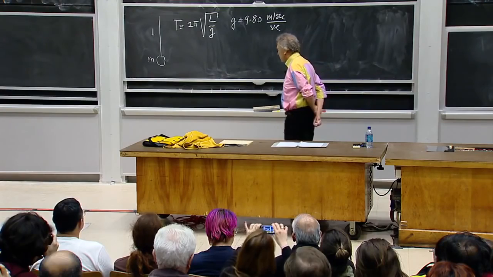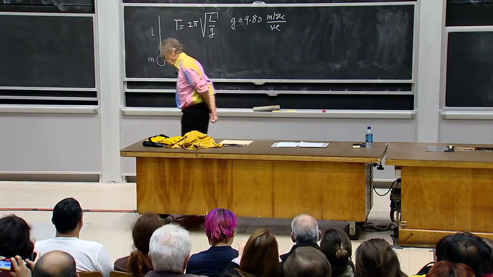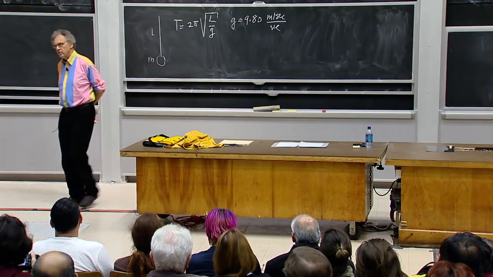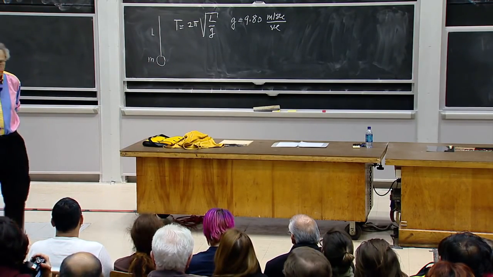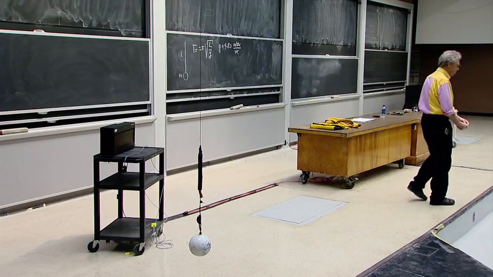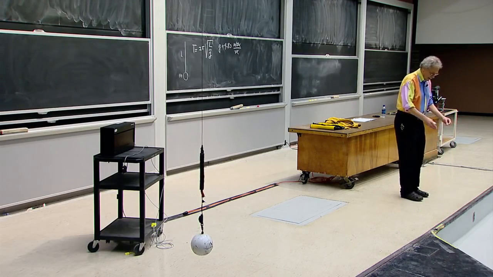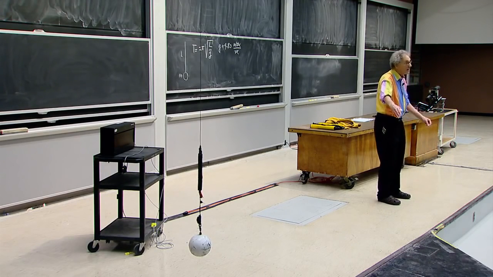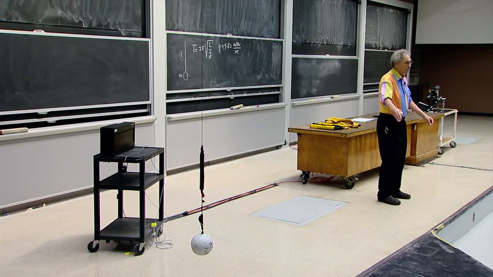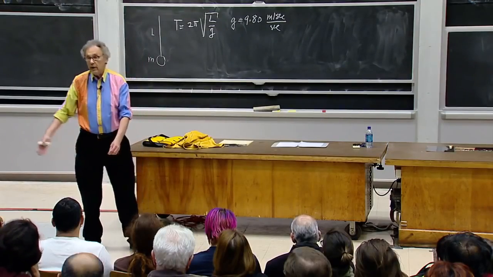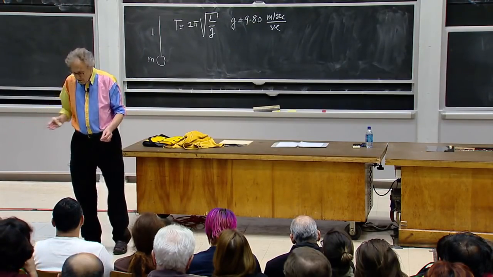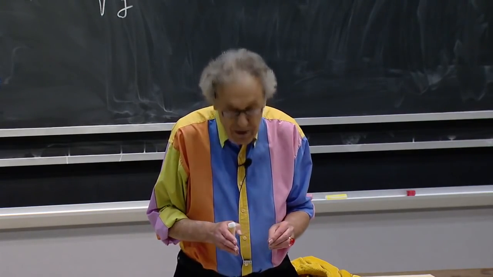There is something weird about this equation. Something that must go against your intuition. And you shouldn't feel bad because it also goes against my intuition. So we have the pendulum, and suppose I bring the pendulum all the way out here. We call that the amplitude of the pendulum, and we let it swing back and forth. There's a certain period. But now we bring it out only this far.